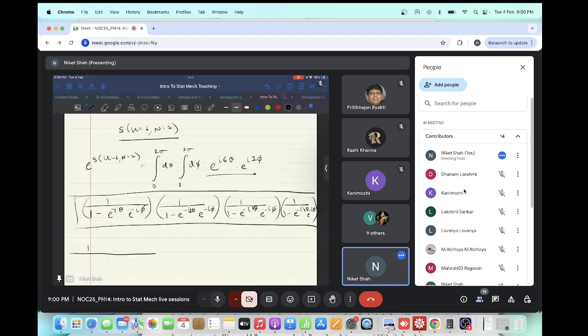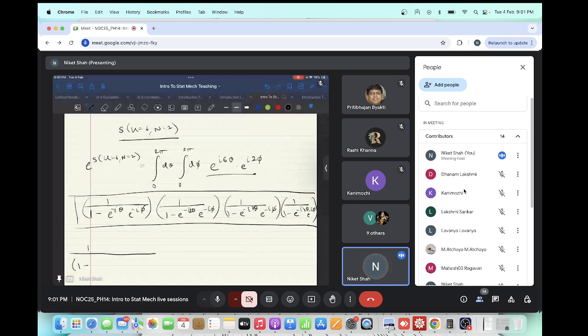1 divided by 1 minus e raised to power minus i theta, e raised to power minus i phi, minus e raised to power minus 2 i theta, e raised to power minus i phi, plus e raised to power minus 3 i theta, e raised to power minus 2 i phi.